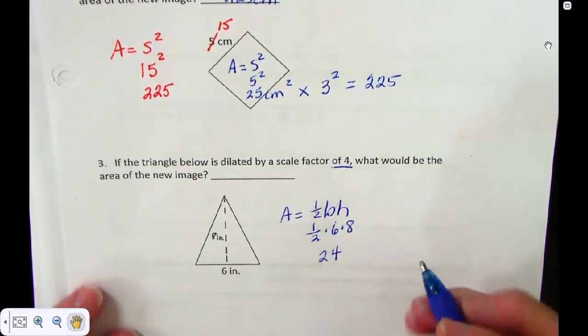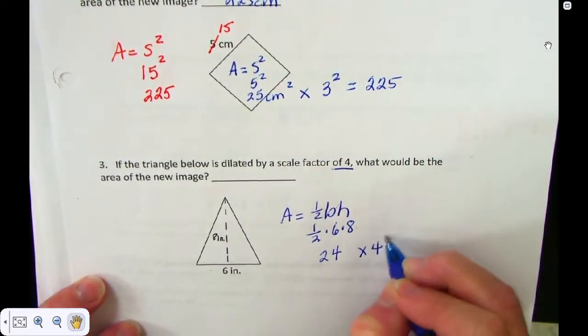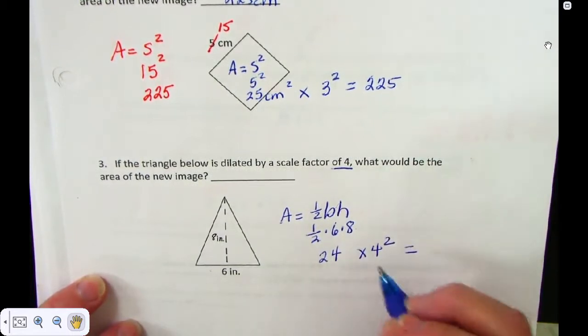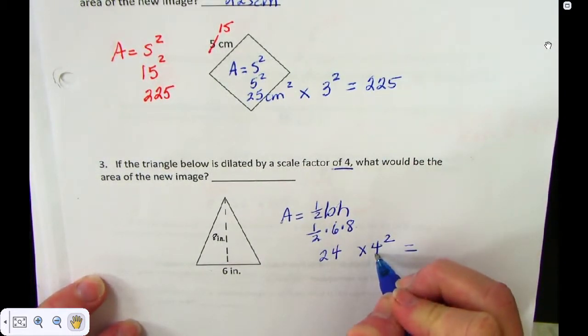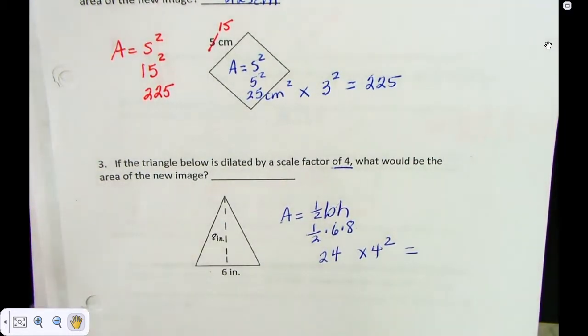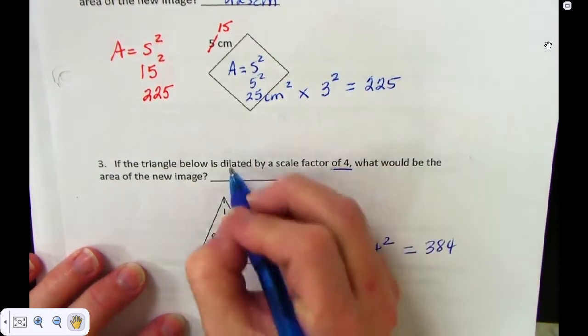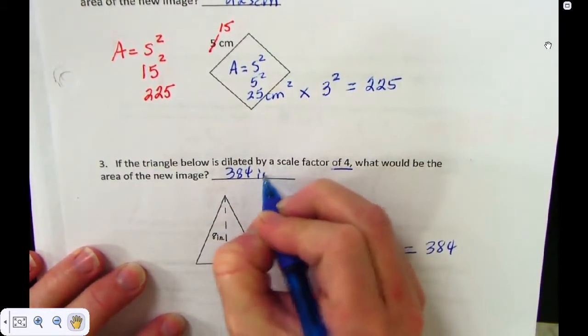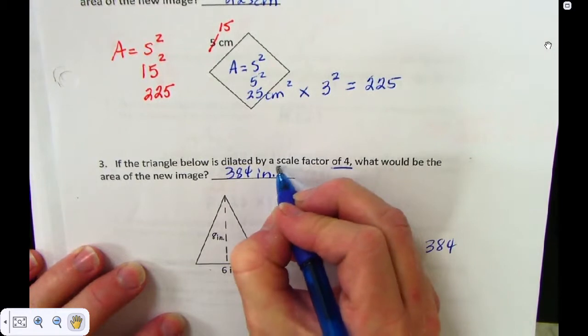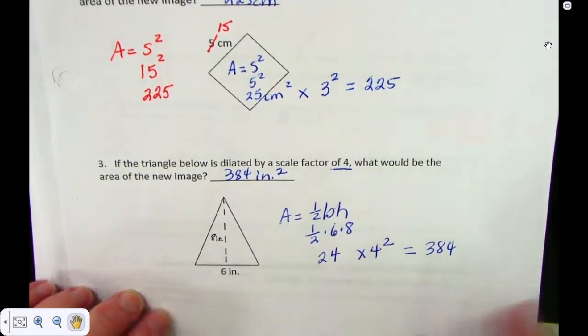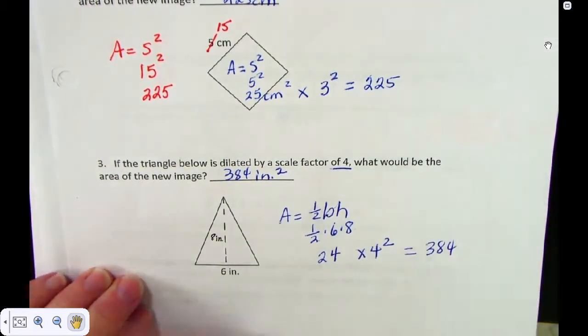Follow the formula. Then I'm going to multiply by 4 squared. I'm going to multiply by the scale factor squared. So 24 times 16 is 384. 384 inches squared.